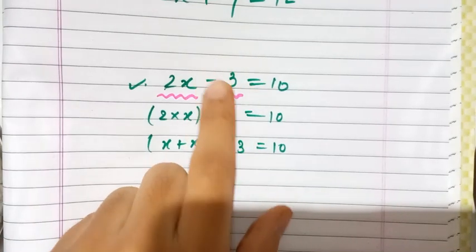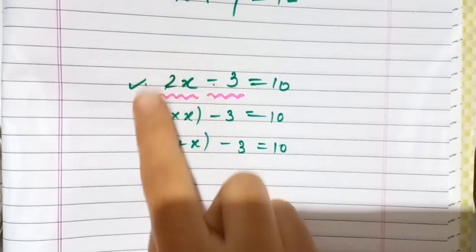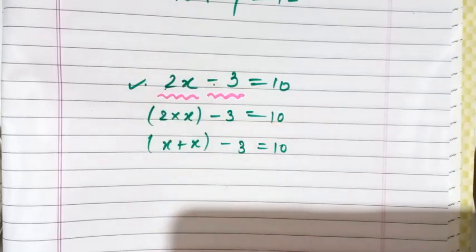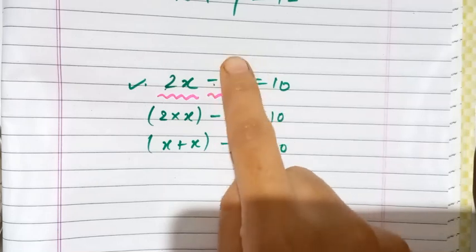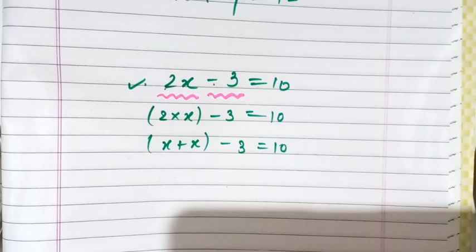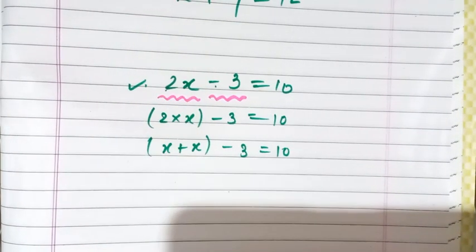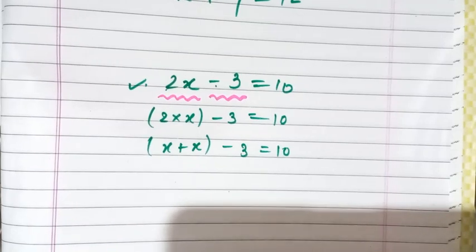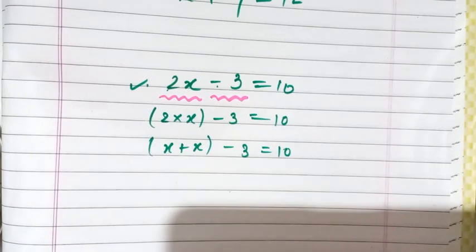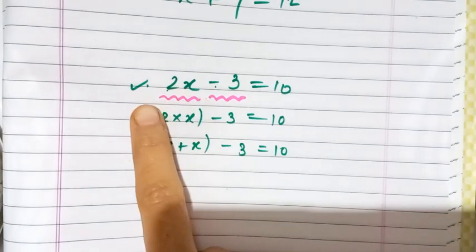It is called constant because the value of this term 2x keeps changing, but the value of this term is not changing; it remains 3 throughout the process.